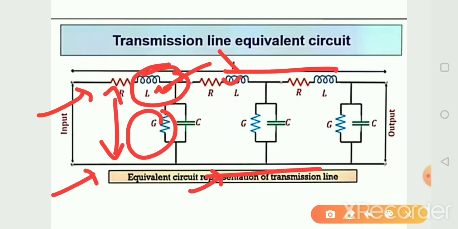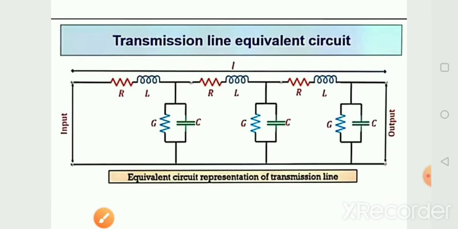So this structure looks like a capacitor. So we get a shunt capacitance between the two conductors, and overall we have four parameters. First is resistance, second is inductance, third is conductance, and fourth is capacitance.